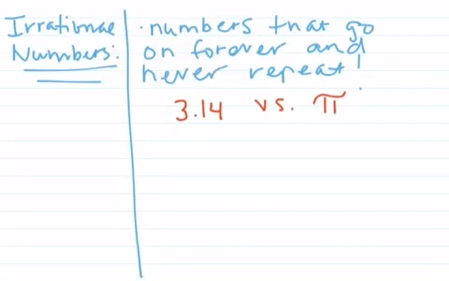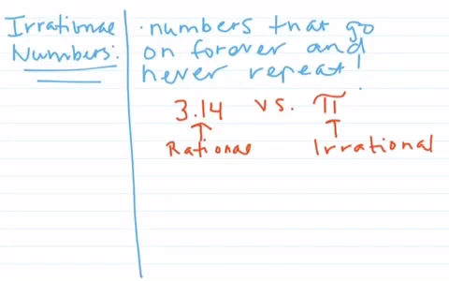We use 3.14 because it's a lot easier to work with, rather than the exact pi. So when you see 3.14, that's actually a rational number. That decimal stops, it terminates. The pi symbol represents a number that goes on forever and doesn't repeat. So that is irrational. I just want you to see the difference.